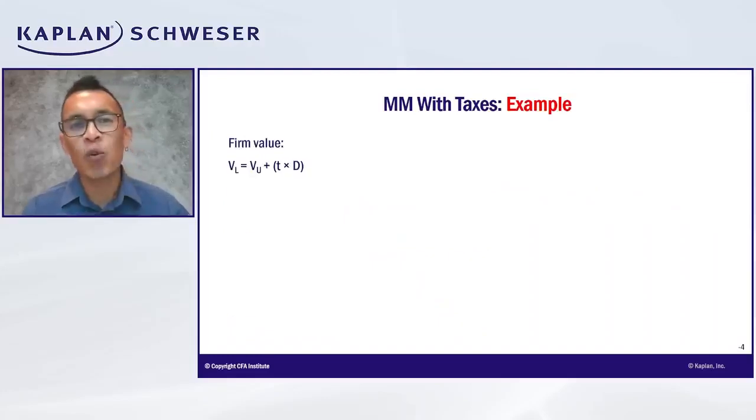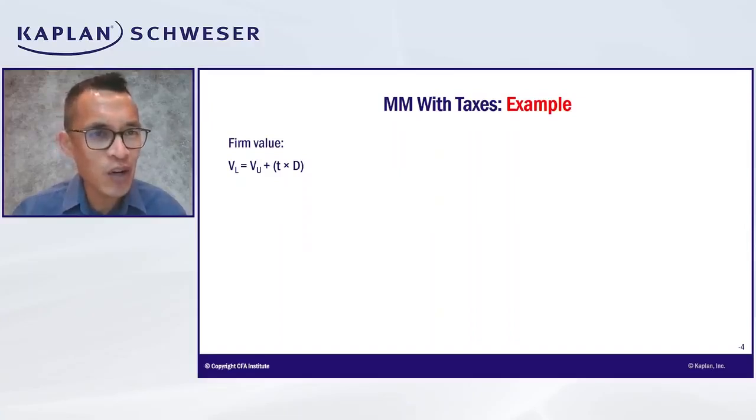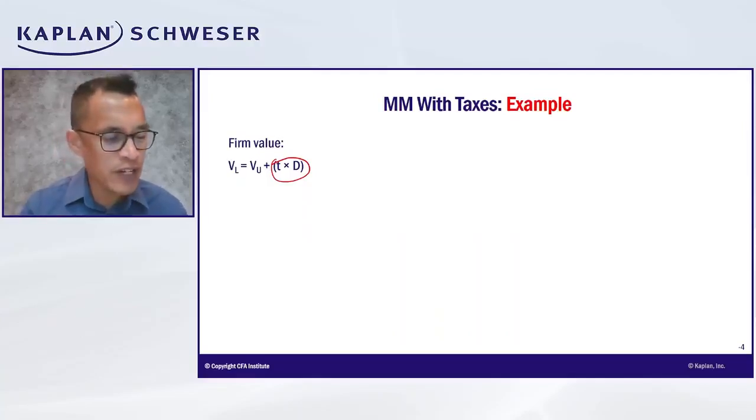So the value of the firm is not exactly 37,500, but instead we have to factor in the tax shield relating to the debt. 37,500 was a starting point, but we've got to then take into account the benefit of the tax shield.